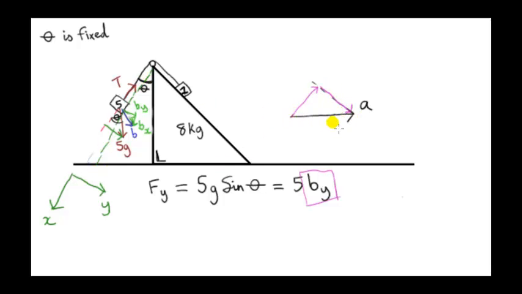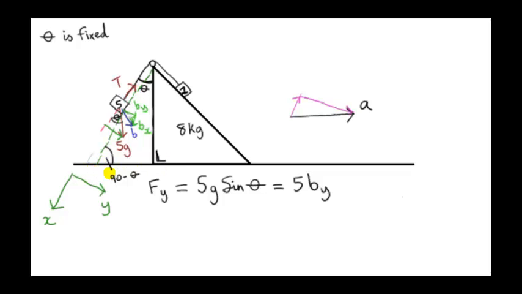A is the magnitude of the wedge's acceleration, so we need an angle. Okay, so this is the component that we're after. We want this to be parallel to our y-axis. This component here, the x component of A, is parallel to this imaginary surface.